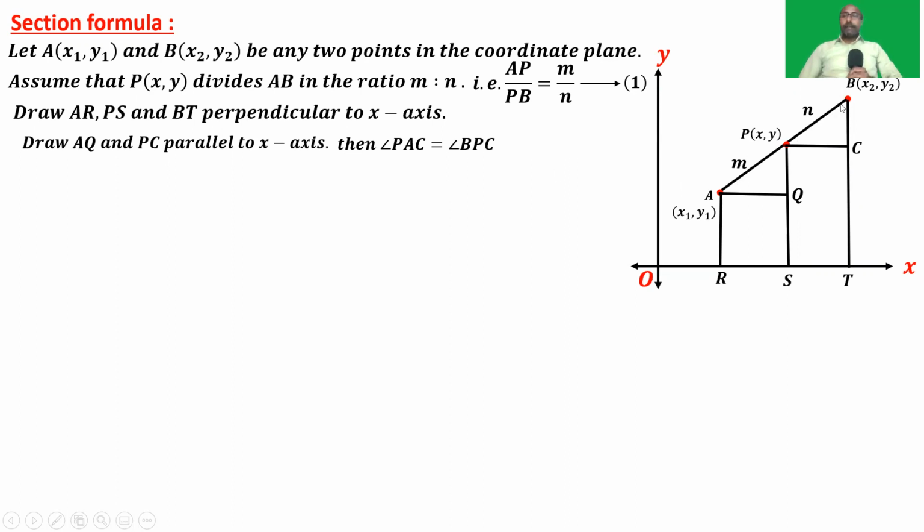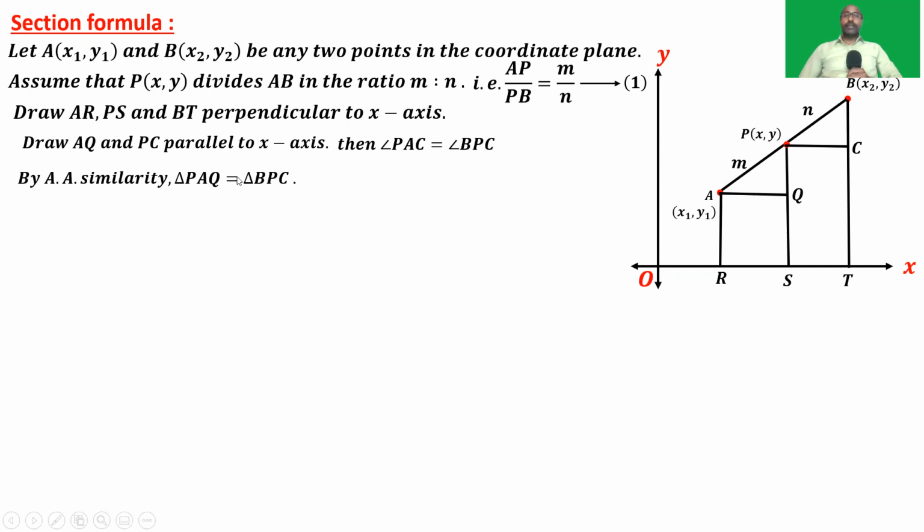Now in triangle BPC and triangle PAQ, angle P and angle A are equal, as well as angle Q and angle C are 90 degrees. So by angle similarity, these two triangles, PAQ and BPC, are similar triangles.